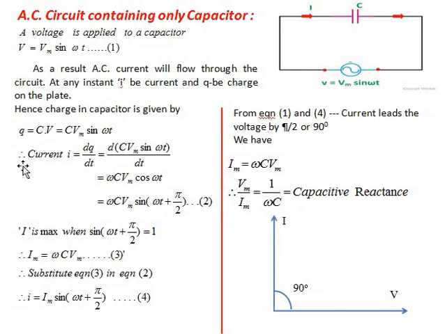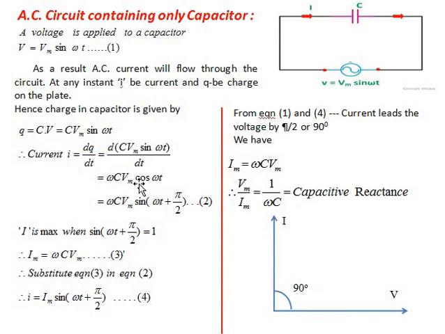So therefore, current I is equal to the rate of flow of charge, that is dq divided by dt. Substitute the value of q in this equation: d of C Vm sin omega t divided by dt. By differentiating this equation, it becomes omega into C into Vm cos omega t.